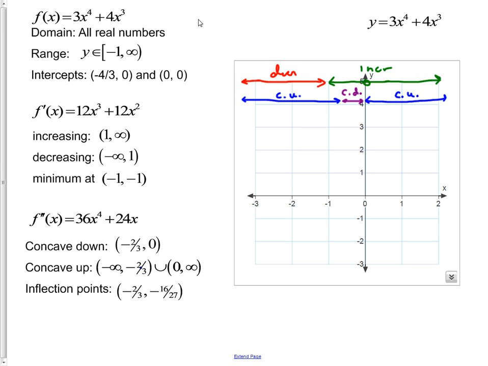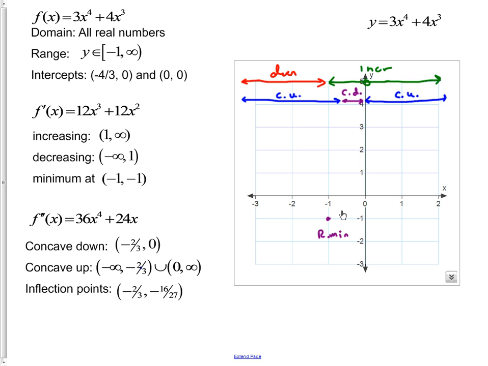We can also plot our points. Essentially, we said we had a minimum at negative 1, negative 1. So let's go down here. Negative 1, negative 1. We said that was a minimum. Negative 2/3, negative 16/27.